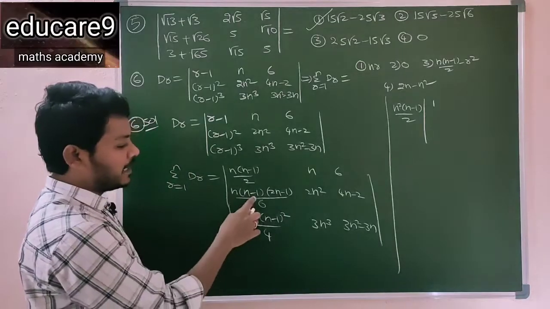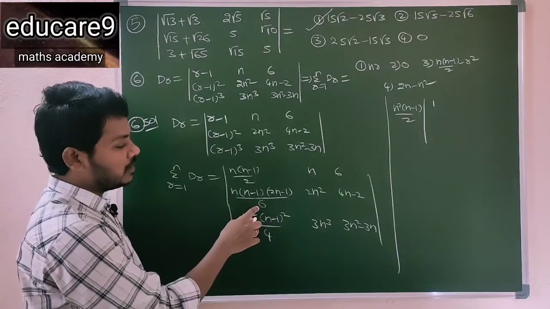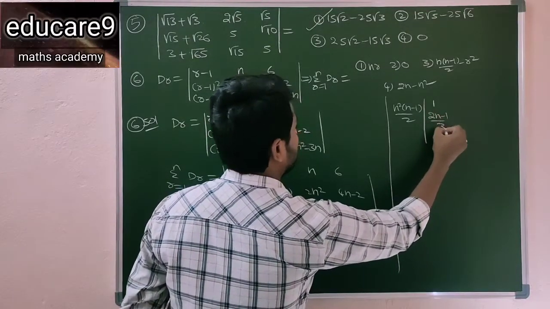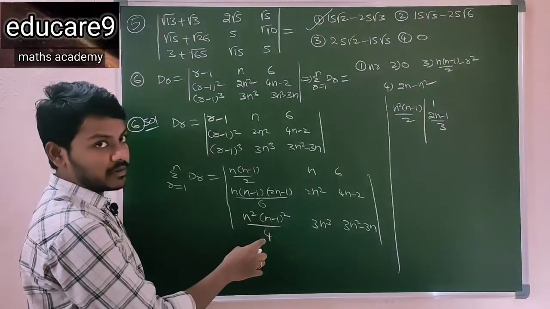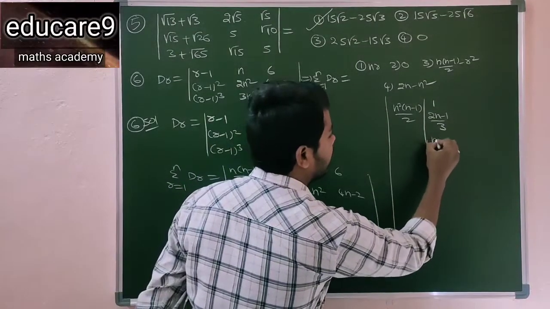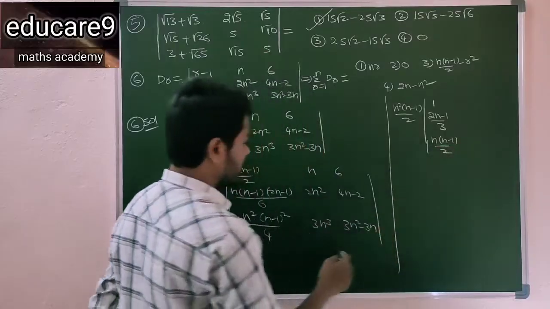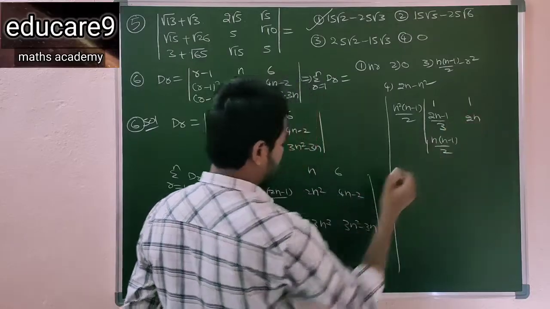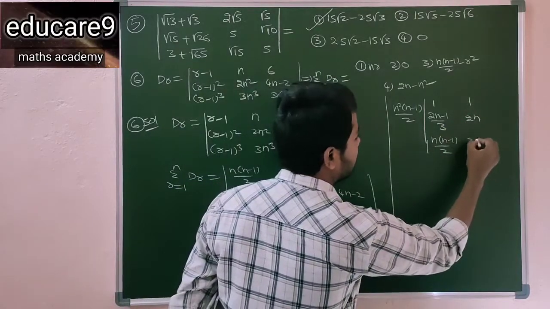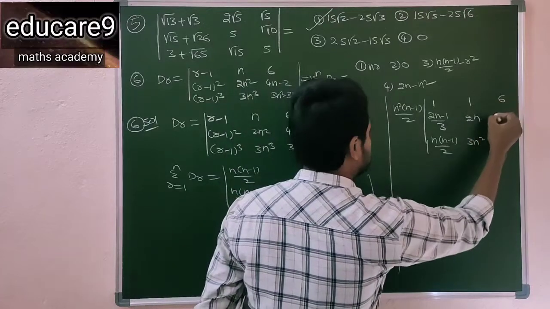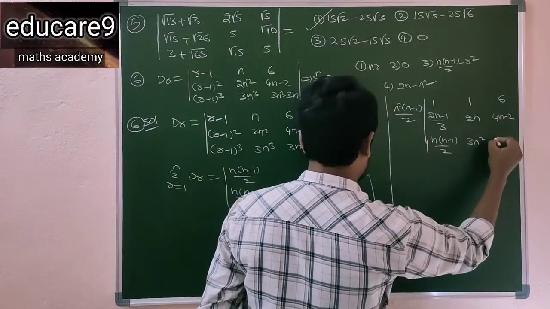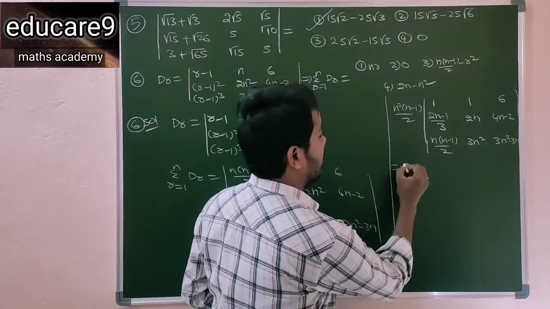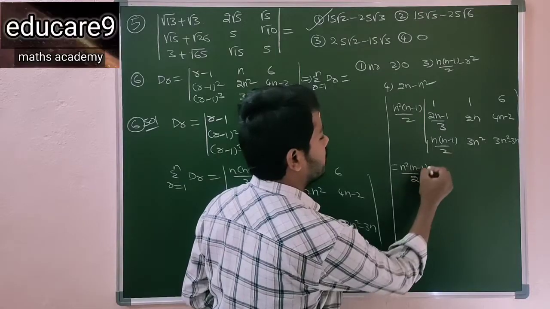Next here n into n minus 1 by 2 is common, you will get 2n minus 1 by 3. Next here n into n minus 1 by 2 is common again, you will get n into n minus 1 by 2. So next here 1, 2n, then 3n square. Next here 6, 4n minus 2, 3n square minus 3n. So now this is n square into n minus 1 by 2.